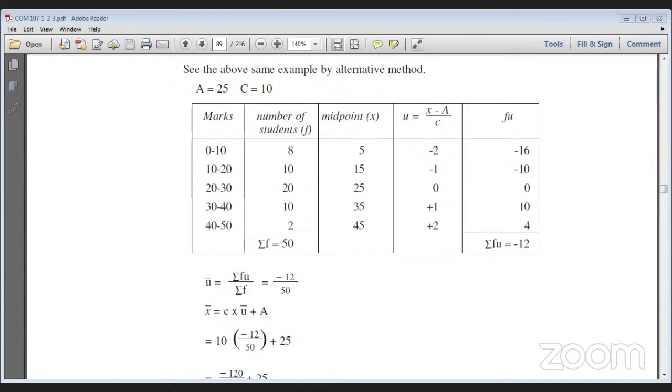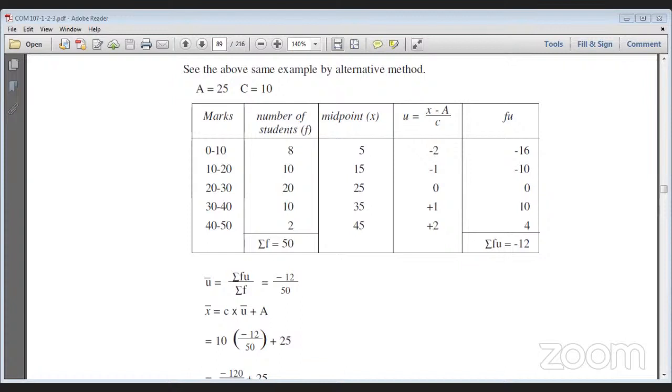On page number 11, you will find the median of grouped frequency distribution. 0 to 10, number of students 10, then cumulative frequency 10. Then 10 to 20, 18, cumulative will be 28, that is 10 plus 18. Then 20 to 30, 25, the total will be 53. 30 to 40, 10, the cumulative frequency will be 63.